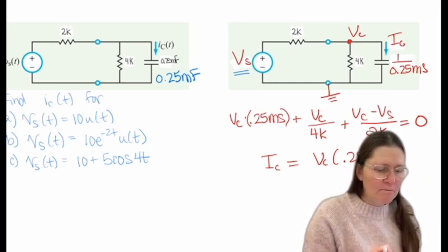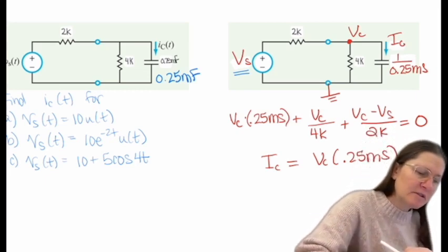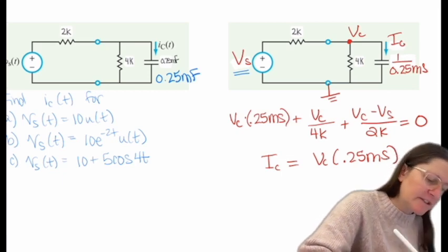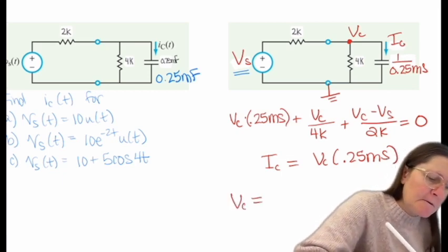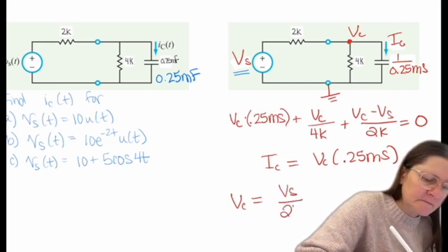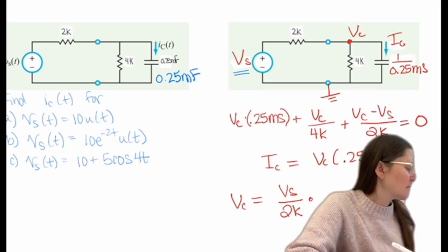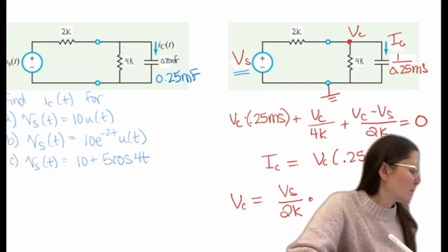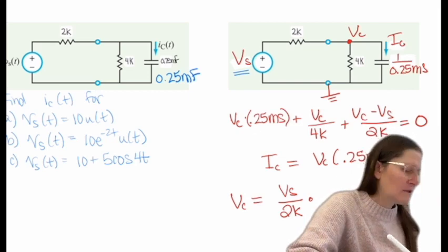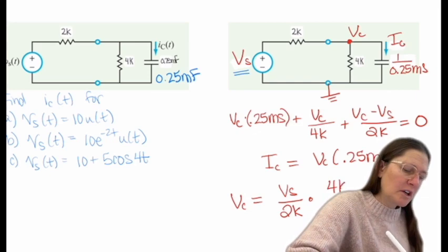So multiplying these out, you can solve for VC, combining everything and getting a common denominator.